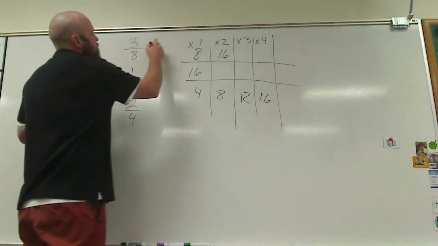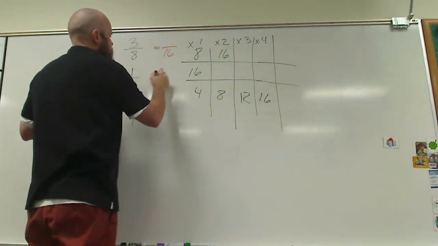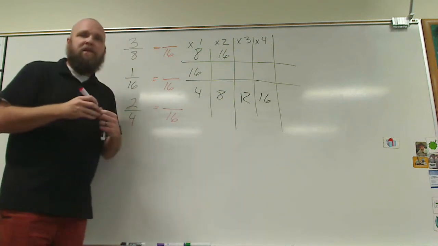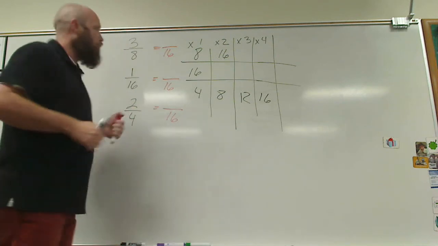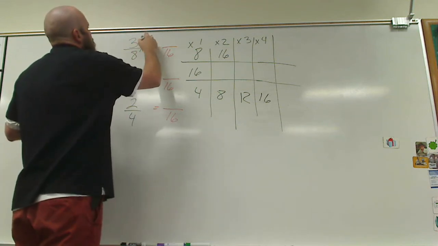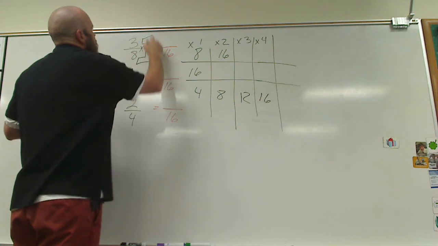So if I want to change these so they're over 16, it's easy as done as that. You do just like we did before. We want to multiply by a fraction that equals 1.